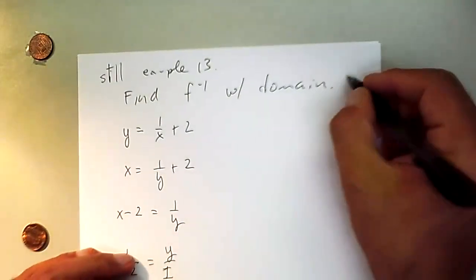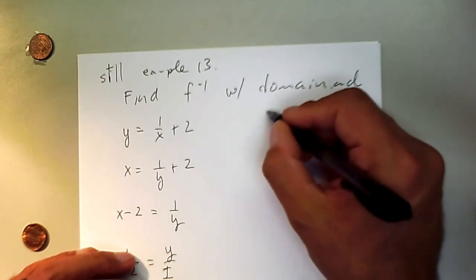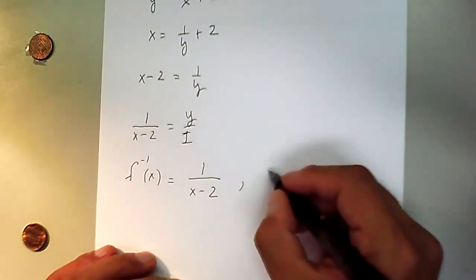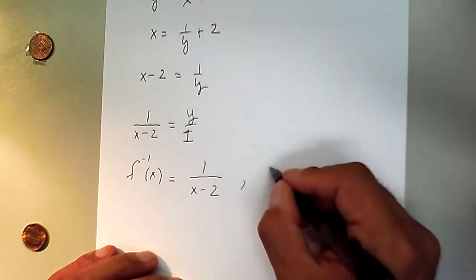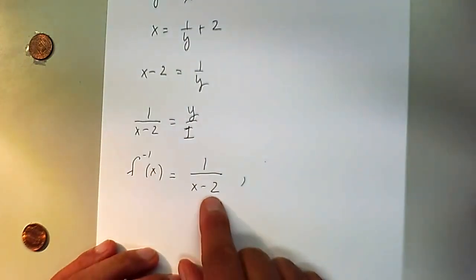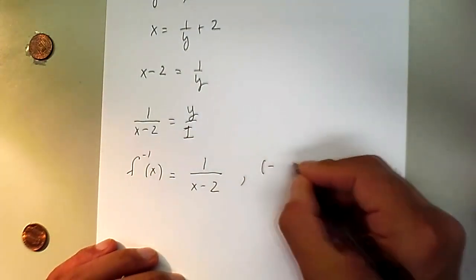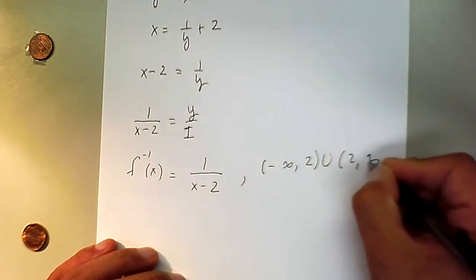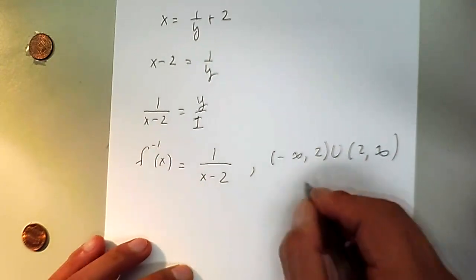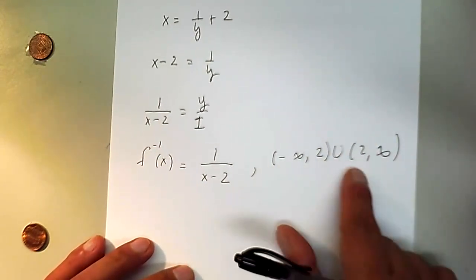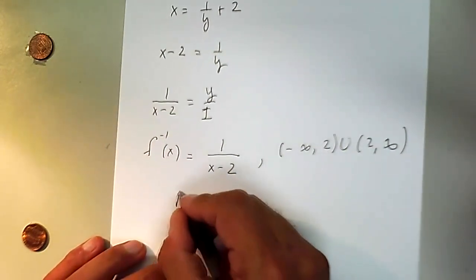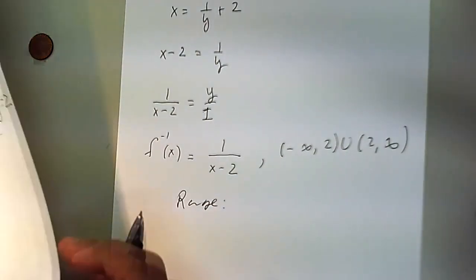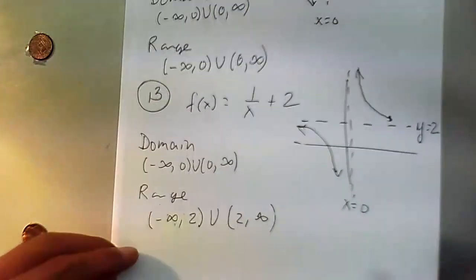with domain, let's add one more thing, and range. The domain of this function, which is going to be fairly clear, we cannot have 2, so it is negative infinity to 2 union 2 to infinity. It's pretty clear. So if we don't put anything, that's understood to be the domain, but then the range, and here's where this information is relevant.